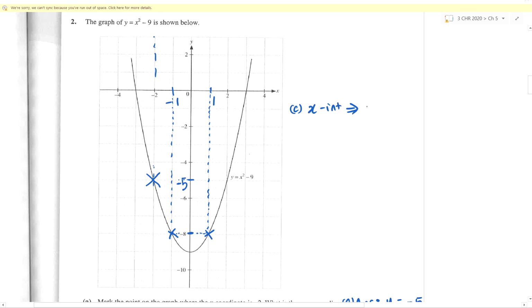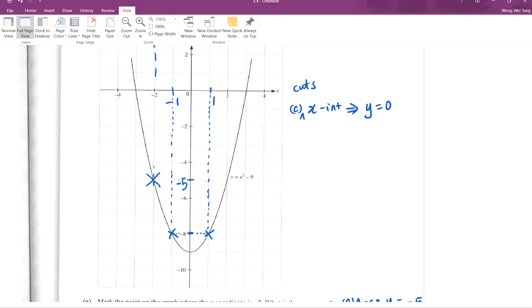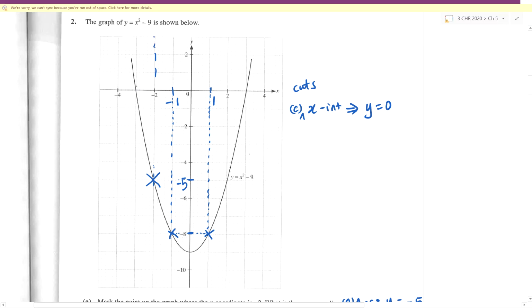So this means that y is equal to 0. When it cuts the x-axis, it means y equals 0. So we search for these points. They are here and over here. So these 2 points, they have values of negative 3 and 3 respectively. So the x-intercepts are negative 3 and 3.